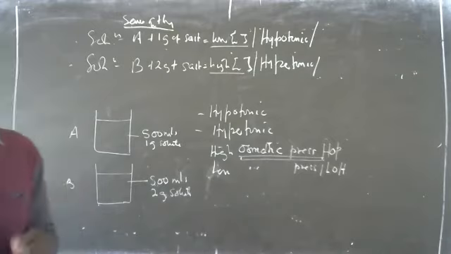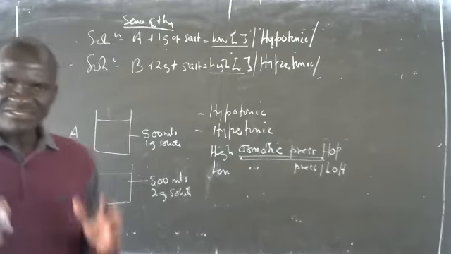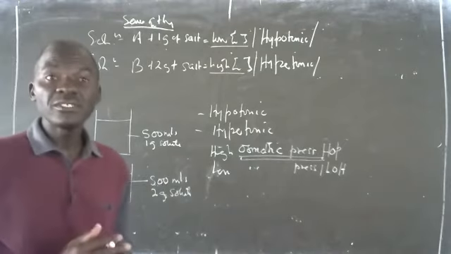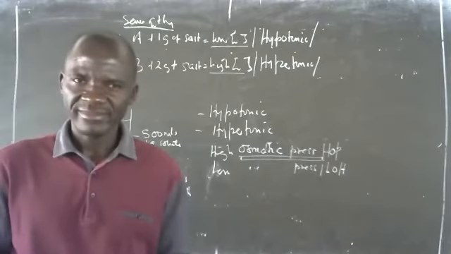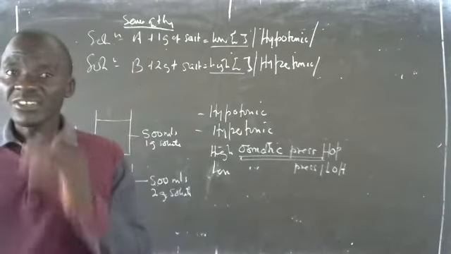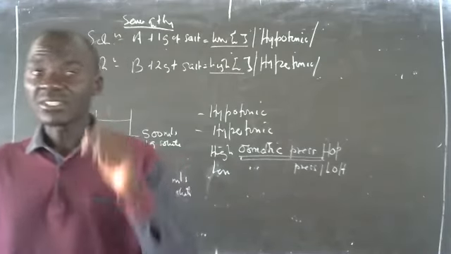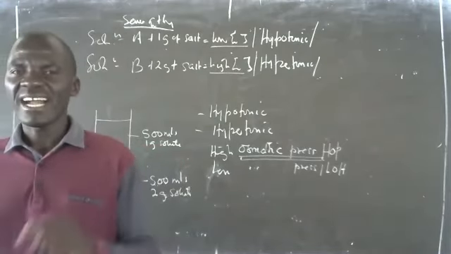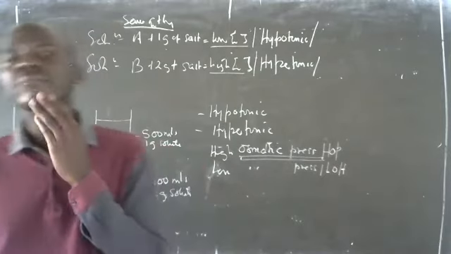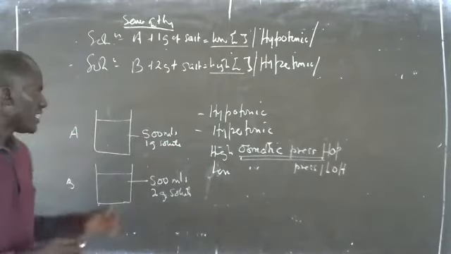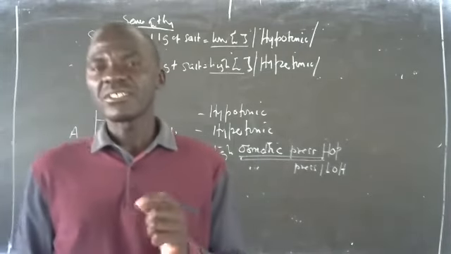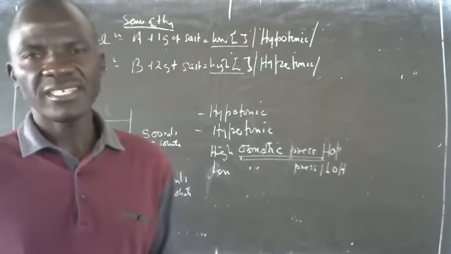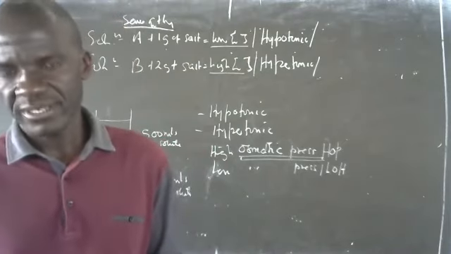When I talk of osmotic pressure, it is basically referring to how much solute dissolved or concentration. The more solute dissolved, the higher the concentration, and then the higher the osmotic pressure. The less solute dissolved, the lower the concentration, and then automatically the lower the osmotic pressure.